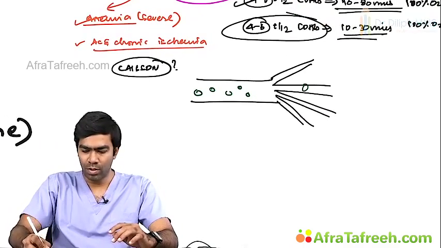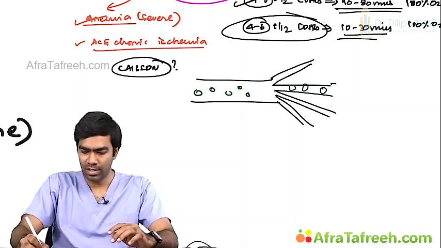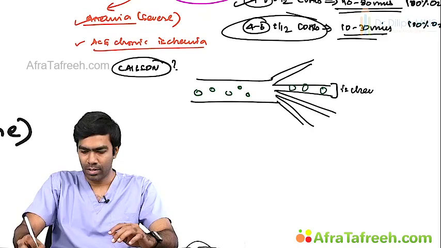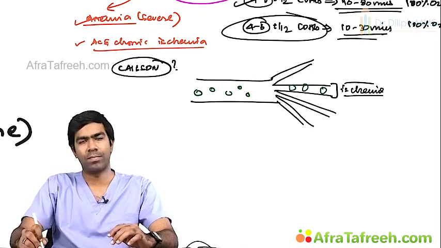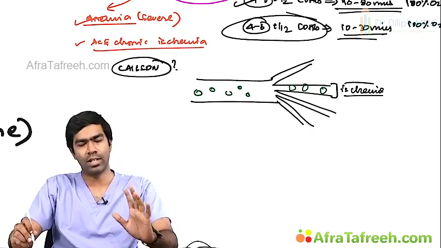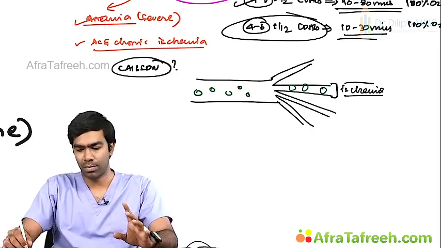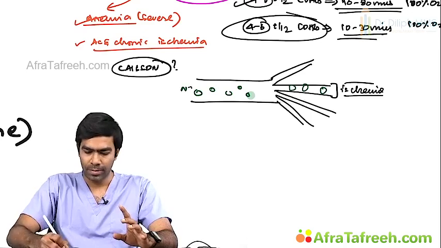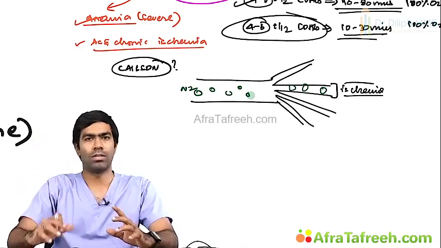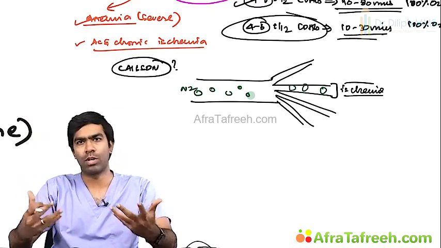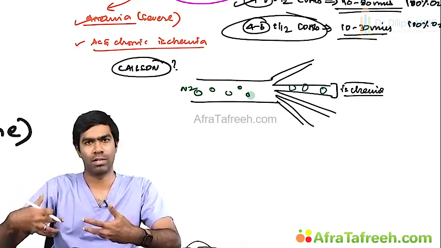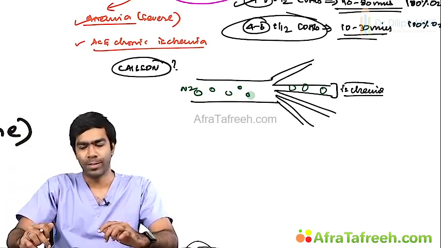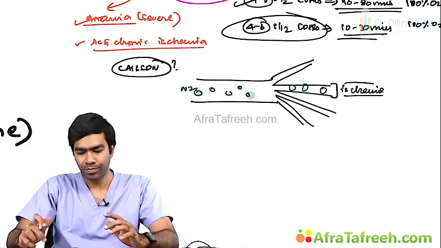These nitrogen bubbles will go and occlude the small vasculature, resulting in ischemia, and fatal infarcts will happen. This is the reason why you get Caisson disease and death. The problem is these bubbles of nitrogen, due to sudden movement of the person from deep sea to the surface, because of the sudden drop in pressure.